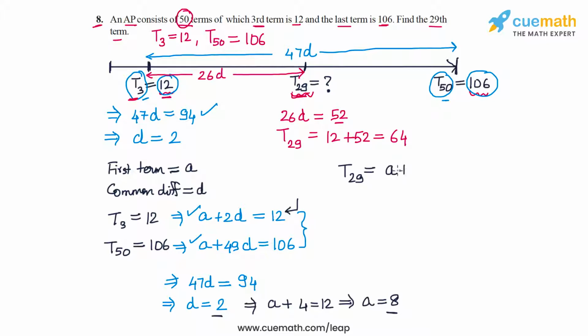So that's A plus 28D, and now let's plug in the values for A and D. A is 8 and D is 2. So 28 into 2 is 56. 56 plus 8 is 64. So this answer is what we got earlier also. So the 29th term of this AP is 64, and that solves question number 8.